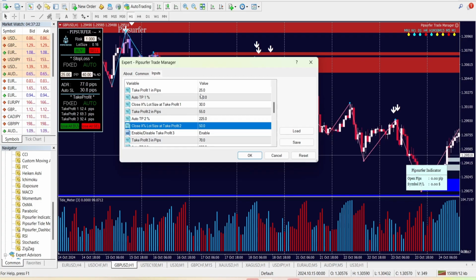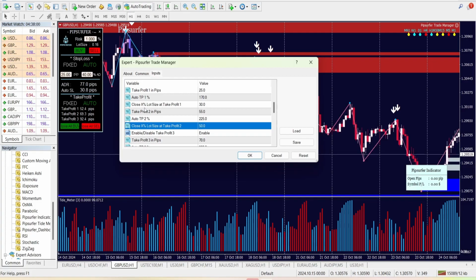Now, what the trade manager is really good at is splitting positions with the market. This is something that's hard to do from a calculation standpoint in real time yourself. You have to calculate what would be a good partial take profit to take, and once you calculate that, then you have to calculate that into the actual trade. So it's two calculations you have to do just to have a partial take profit. One thing that helps is in the settings, you can choose to close whatever percentage of the trade at the take profit.